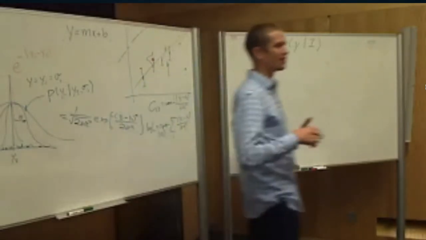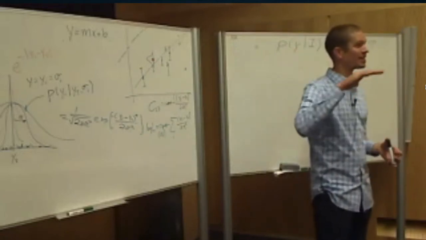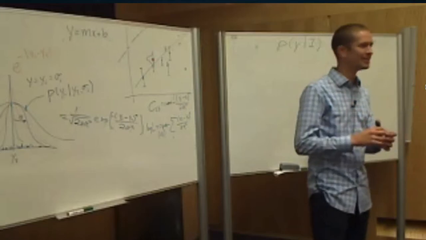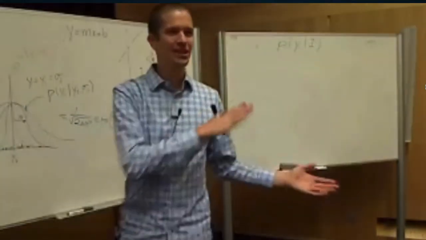You can also talk about discrete probabilities, like the probability that my coin toss will land heads. That's a discrete probability. Whereas this is like the probability that my continuous model parameter lies somewhere, that my continuous data lies somewhere.